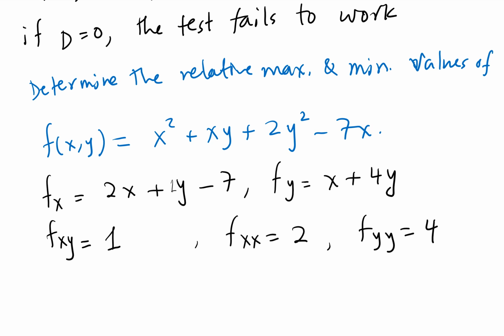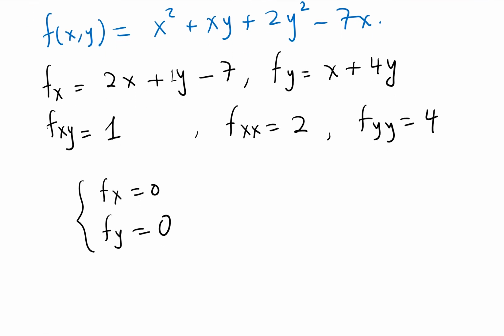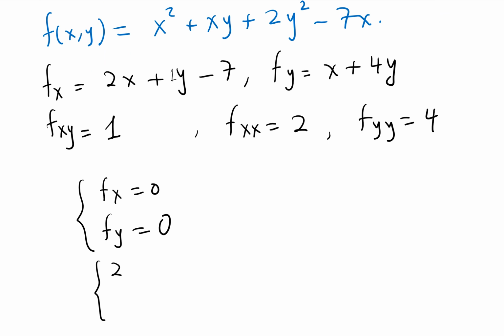Remember, what we need to do is find f sub x and f sub y and set them equal to 0. So we have to make a system: f sub x equals 0, f sub y equals 0. We found f sub x: 2x plus y minus 7 equals 0. f sub y is x plus 4y equals 0. We got a system of equations to solve.